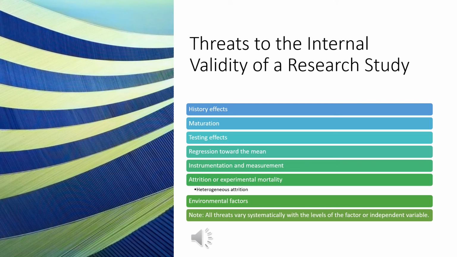Natural disasters could be part of the environmental threats where people are living. They could also be something like the time of day, the temperature in the room, the size of the room, so more simplistic things like that could be related to the environment as well.